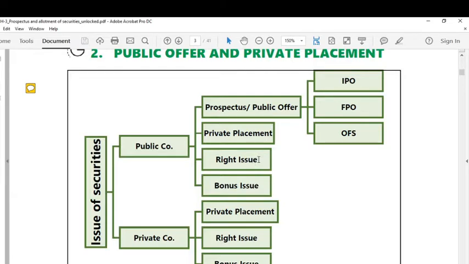This is the third mode of issuing of shares by a public company.